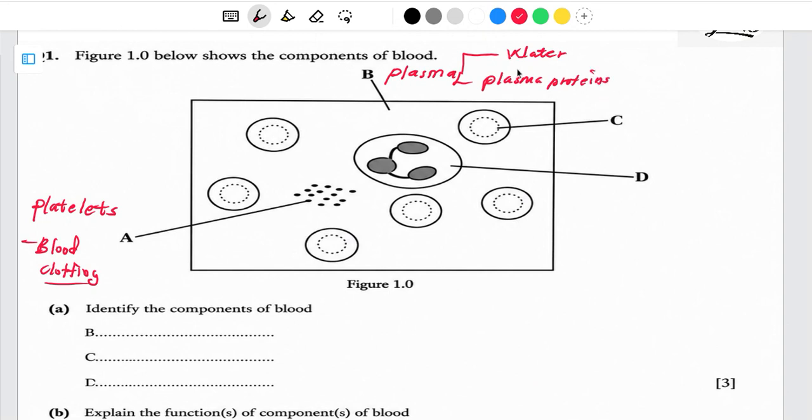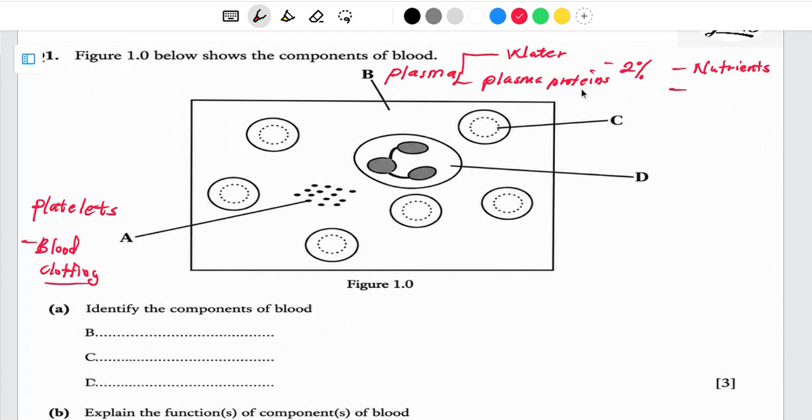In terms of function, these plasma proteins are involved in the transportation of oxygen. In this case, just 2% of oxygen is transported in plasma. Then nutrients are also transported in plasma, as well as waste metabolic substances.